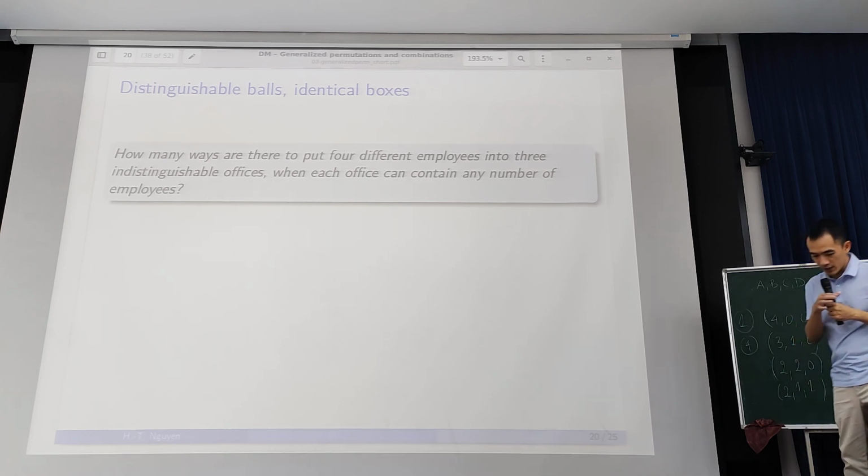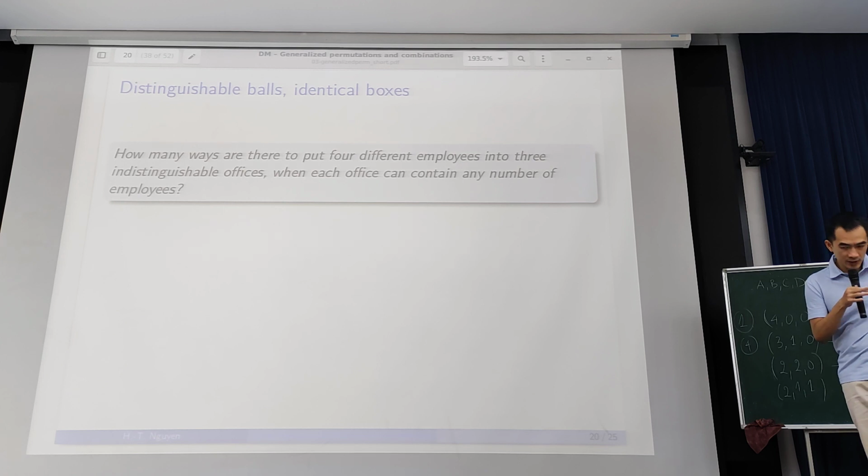So if the number of people in the offices are 220, how many cases are there? How many ways are there to organize 4 employees in those offices?